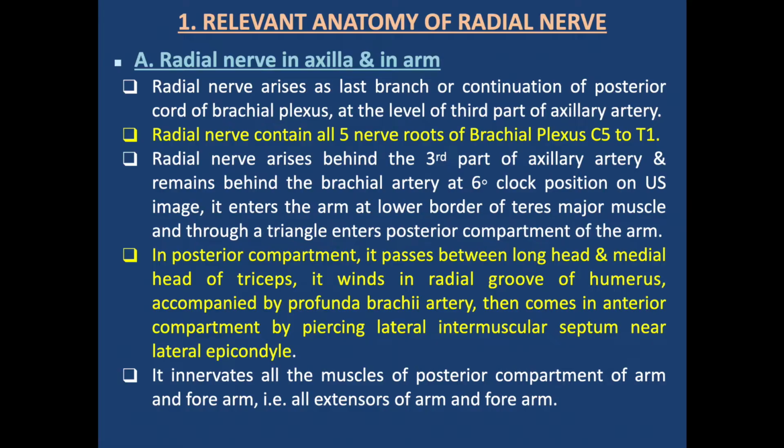In the posterior compartment, it passes between the long and medial head of triceps. It winds in the radial groove of the humerus, accompanied by the profunda brachii artery. Then it comes into the anterior compartment by piercing the lateral intermuscular septum near the lateral epicondyle. It innervates all the muscles of the posterior compartment of arm and forearm, that is all the extensors of arm and forearm.